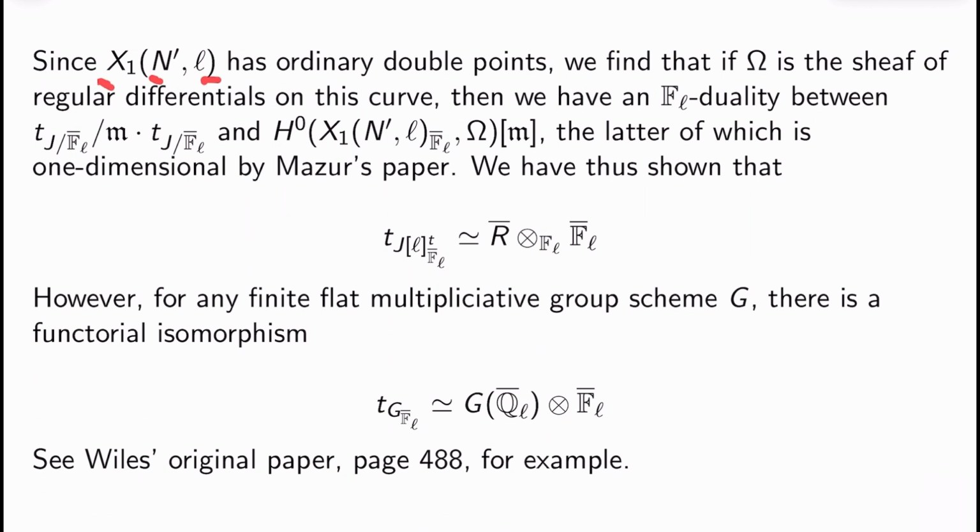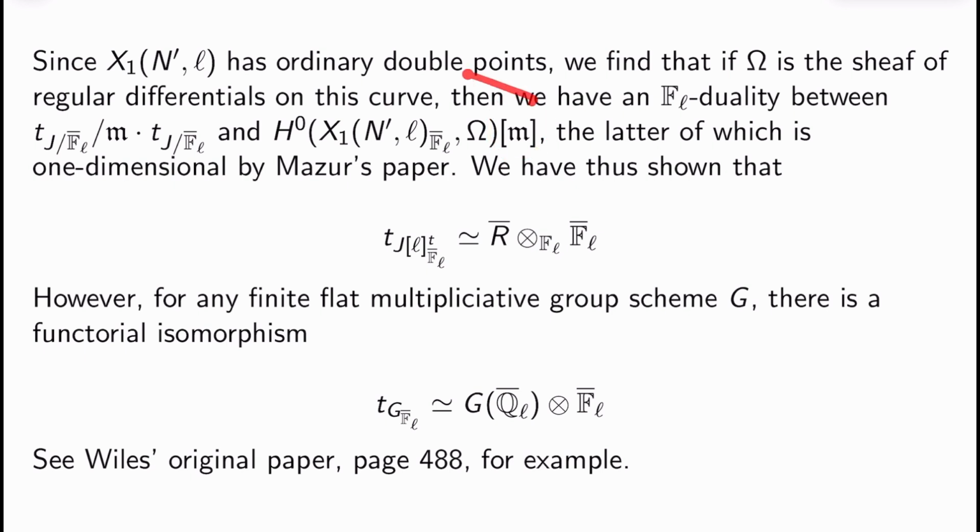Since X_1(N) prime ℓ has ordinary double points, this is a standard fact about this modular curve, we find that if ω is the sheaf of regular differentials on this curve, then we have a duality between T_J over F̄_ℓ mod 𝔪 times T_J over F̄_ℓ and H^0 of X_1(N) prime ℓ base changed to F̄_ℓ, with ω, localized at 𝔪.